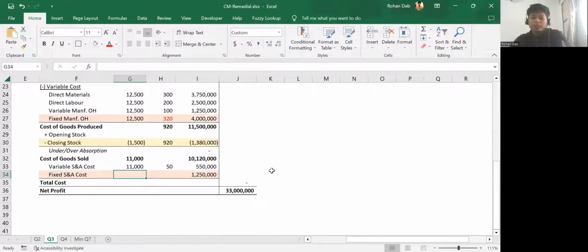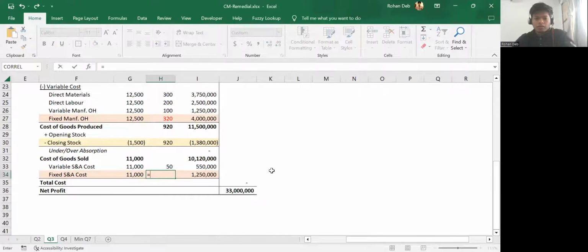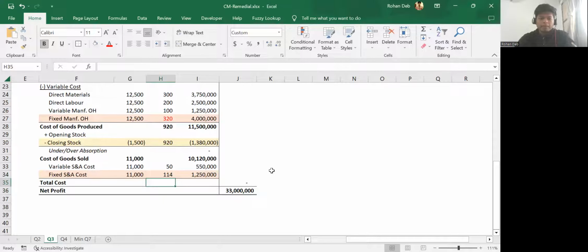again we'll take an absorption rate over here on the 11,000, is equal to this divided by this, right? So here you can see it's per unit 114 rupees.